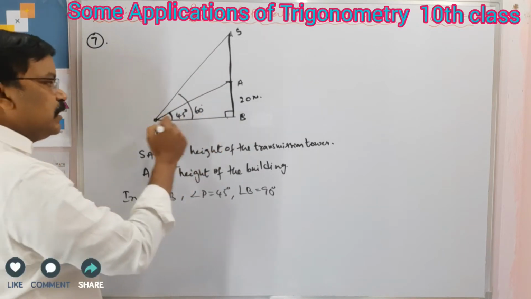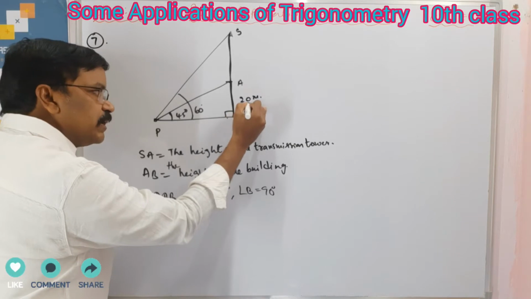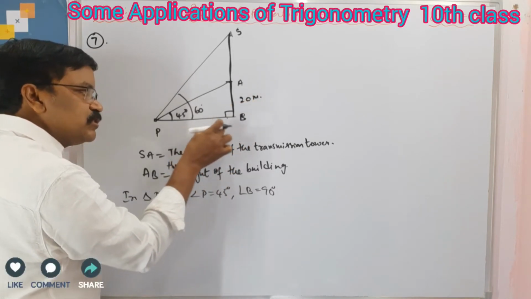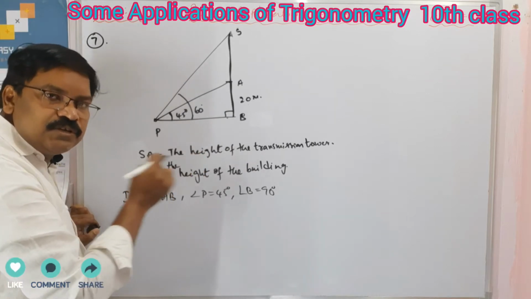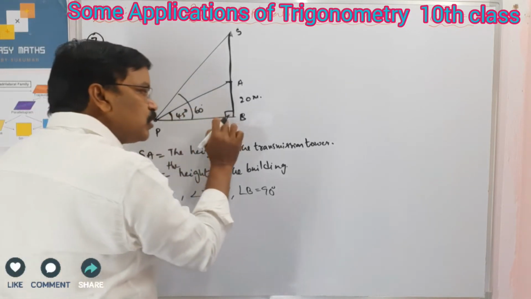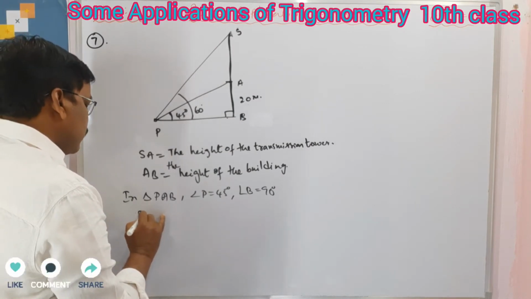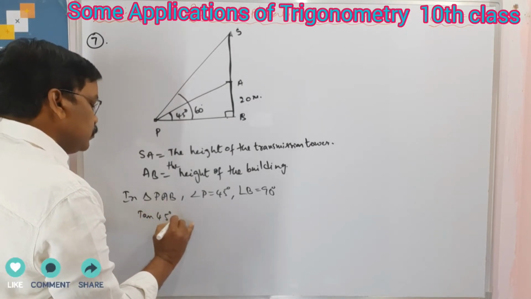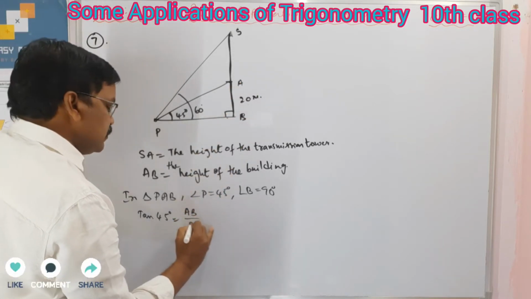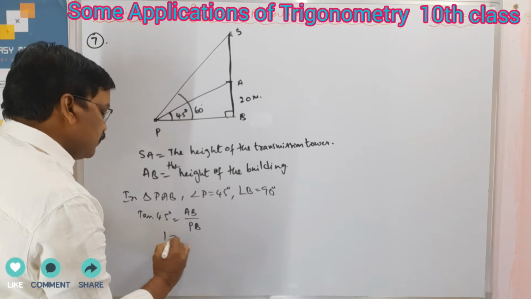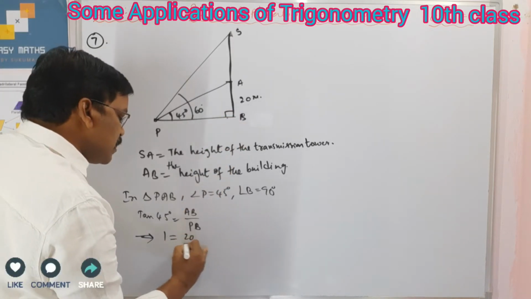Take the triangle PAB. This is the opposite side and this is the adjacent side. Let us find PB. PB is the distance from the point to the bottom of the building. So tan 45 degrees is equal to opposite side by adjacent side, that is AB by PB. Tan 45 degrees is equal to 1. So 1 is equal to 20 by PB.